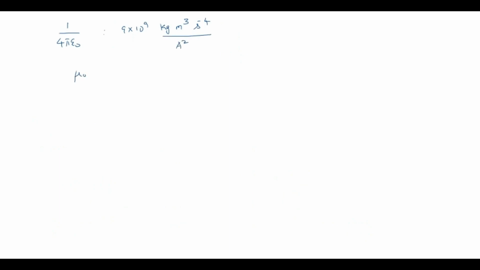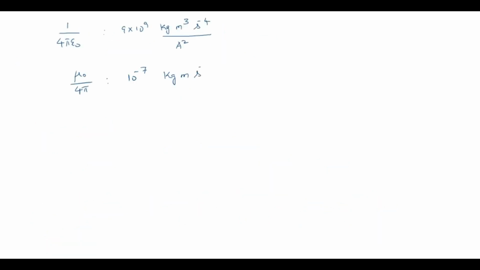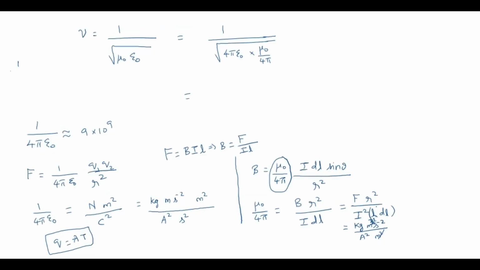And mu naught by 4 pi is equal to 10 power minus 7 into kg meter per second square by ampere square.